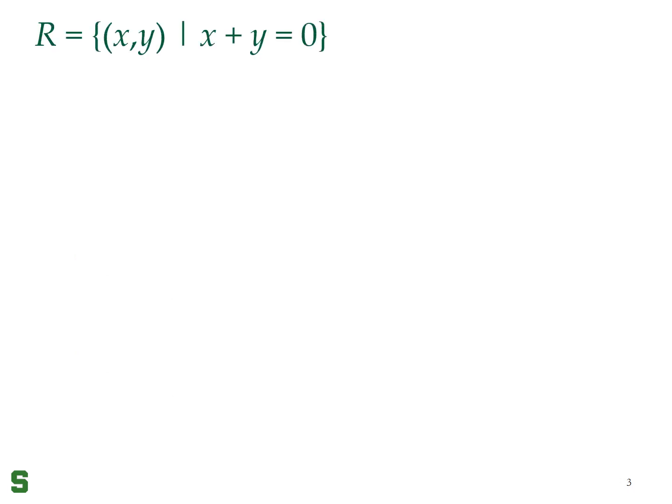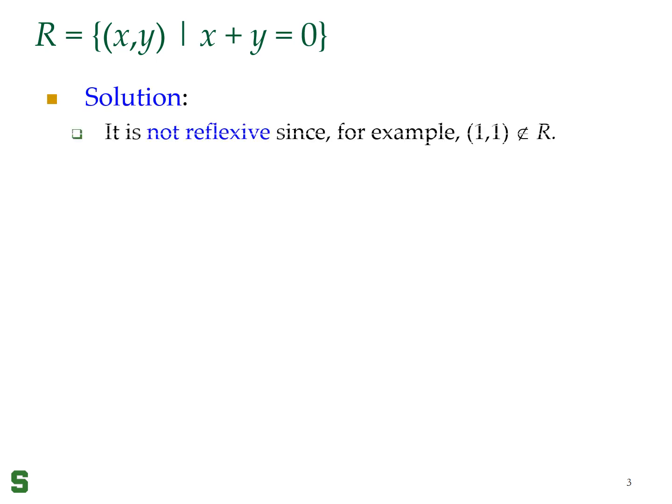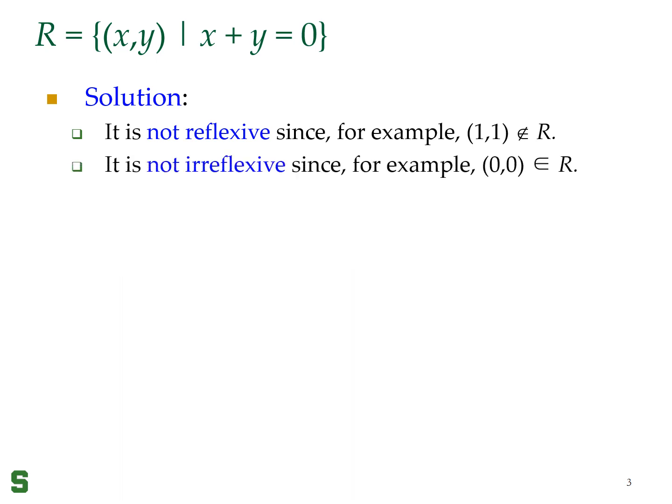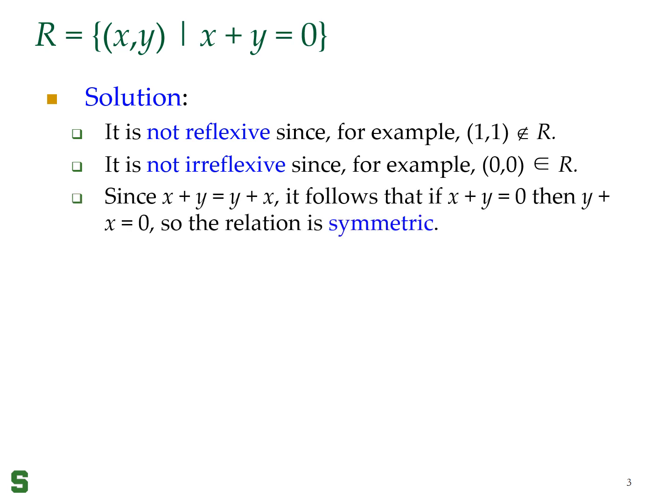So let's look at x, y, where x plus y is equal to 0. So let's see, is this reflexive? Well, the answer is that it's not, because 1, 1 is not in this relation. It's not irreflexive either, because there is one pair which is in the relation. If x plus y is equal to 0, then y plus x is also going to be equal to 0.